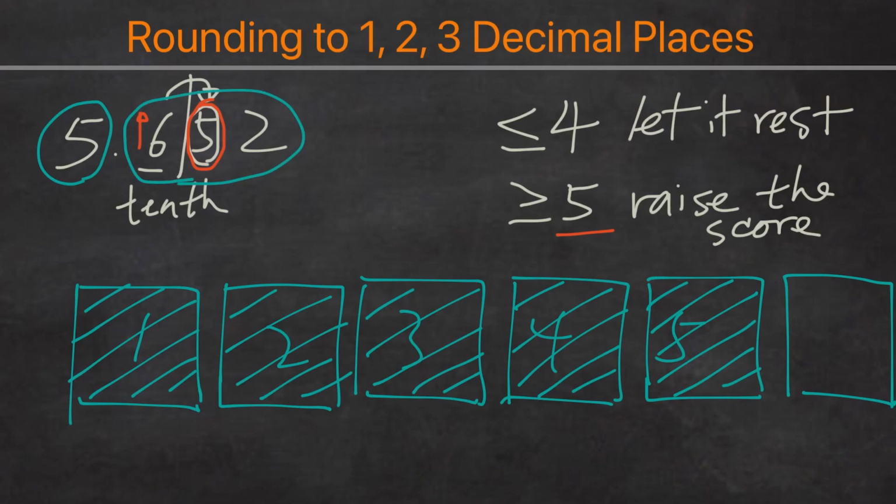When we have the decimal 5.65, what we are asking ourselves is, is this decimal closer to 5.6 or 5.7? The 10th place, we are looking at this number, but we are unsure whether this is more like a 5.6 or a 5.7 because the number behind is 5.